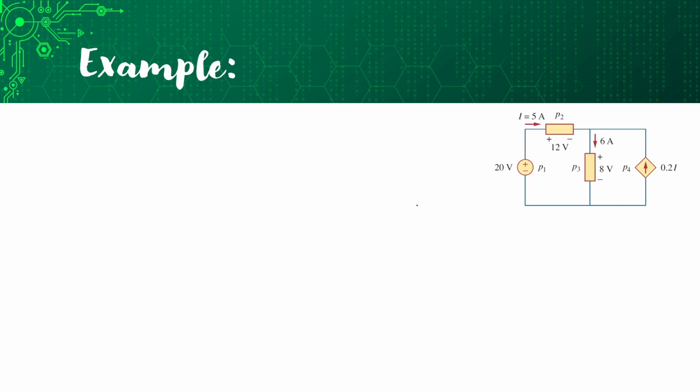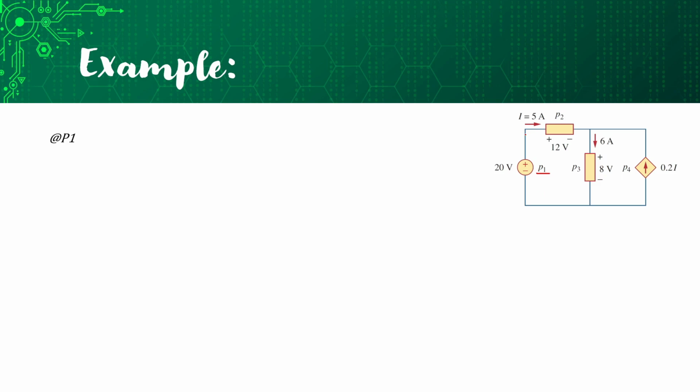It's simple. To solve the circuit, first we find the value of P1, which is here. Using again the passive sign convention that I stated earlier, we check the direction of the current.